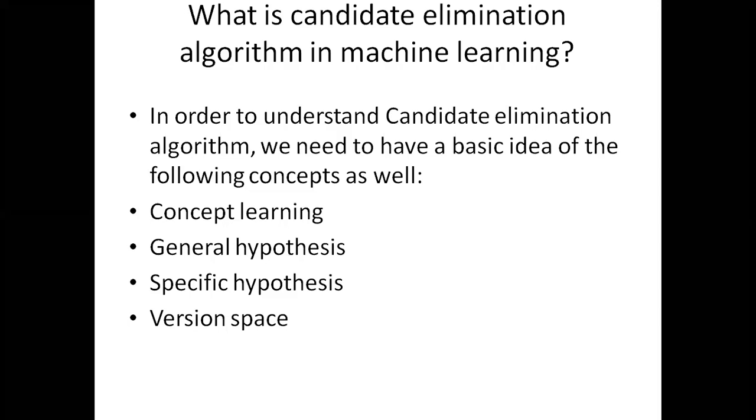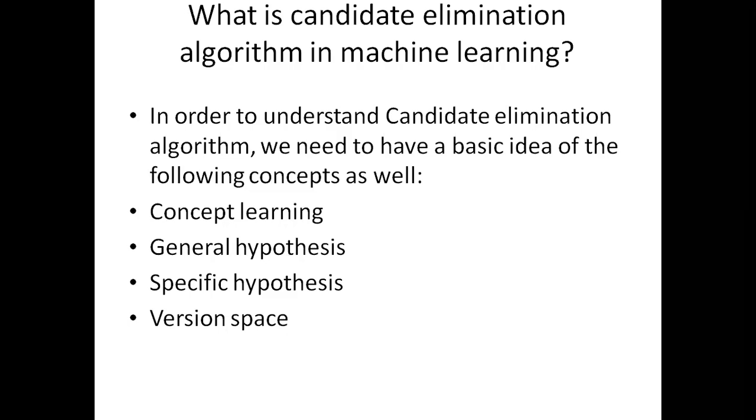These are mainly used to set the boundary conditions. The version space is nothing but the distance between the general hypothesis and the specific hypothesis. I'll explain with an Excel sheet how the program actually works.